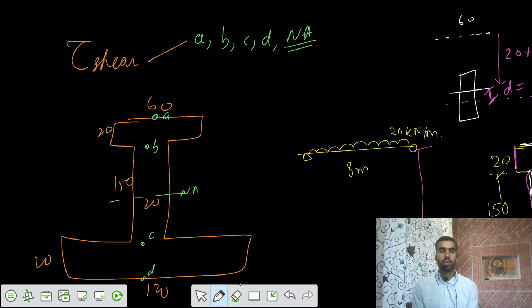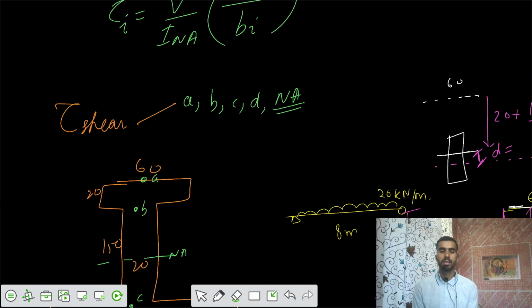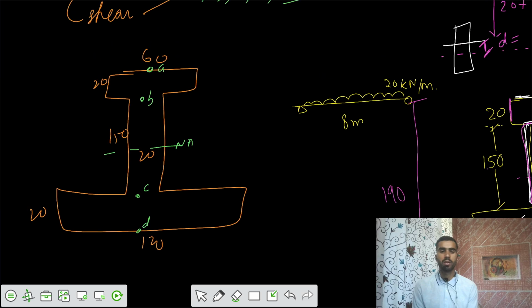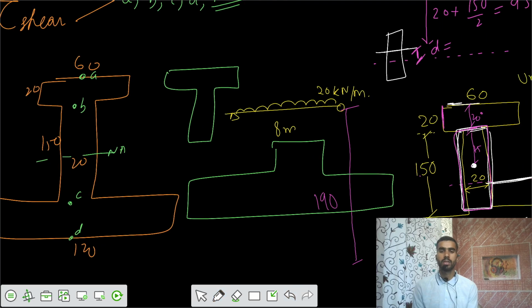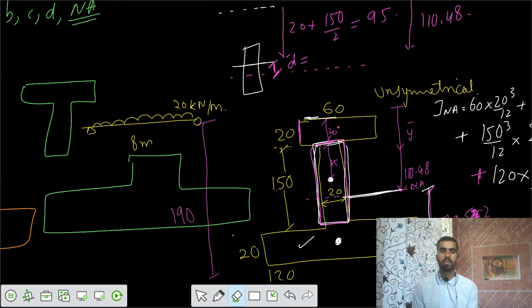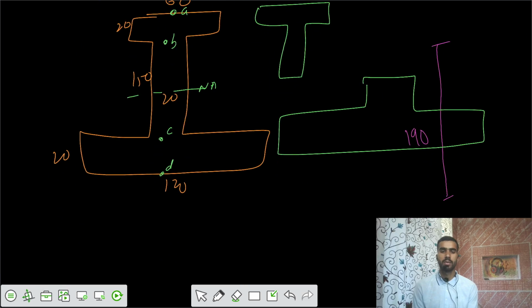Now let's talk about the neutral axis. For the neutral axis, you have two options now. Either you can take this area, or you can take this area. The option is up to you, so you can take any of these two areas.